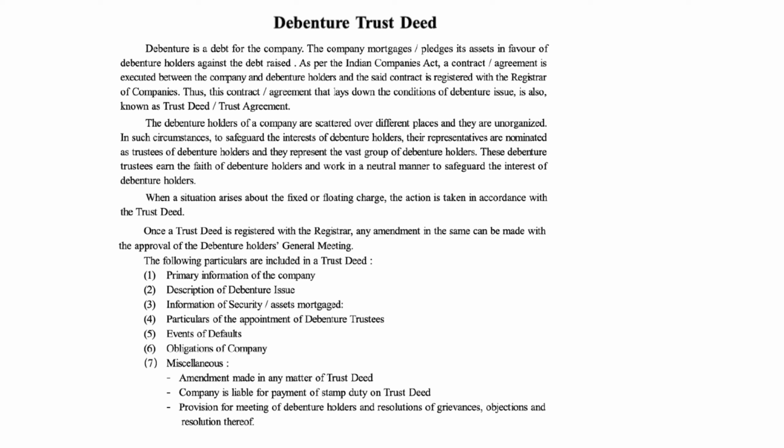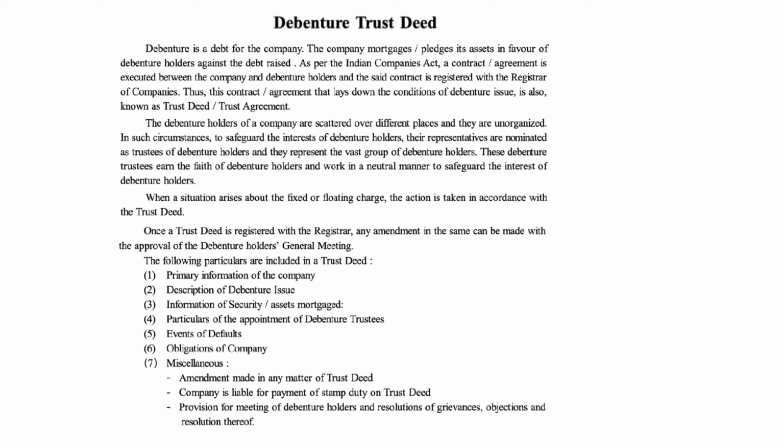The debenture trustees are responsible for seeing that these assets are safeguarded. If these assets are damaged in any way, or the company wants to sell them because they are incurring loss, then the company will first have to come to the trustees and take their permission.